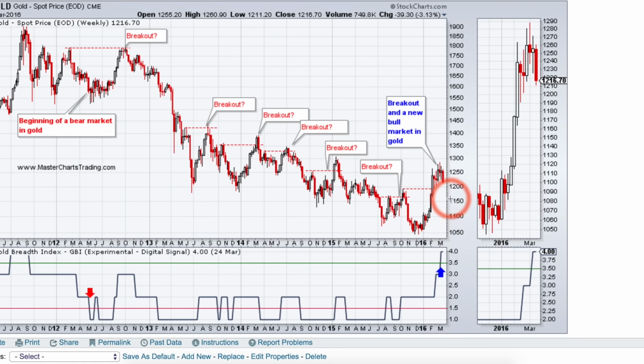Once again, the gold breadth index is signaling that we're in a new bull market, and I'm looking for buying opportunities. Now, for me, this is kind of crazy to buy up here because we had a pretty powerful move. This is 18% or so, maybe 20%, from the lows to the highs. So to me, this is clearly overbought, so I definitely would not be buying up here. However, if we do get a pullback, there could be buying opportunities in the near future.